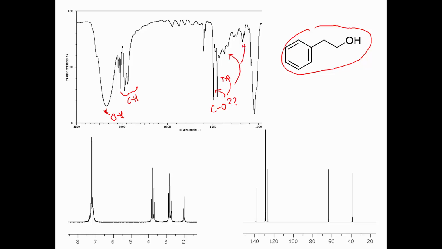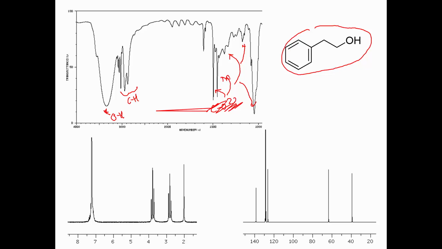There? Who knows? Okay. It's not a very distinctive band that you can spot. So you don't want to even look for that one. It's not a reliable feature in the NMR or in the infrared spectra of alcohols. It's very hard to spot the CO single bond stretch.